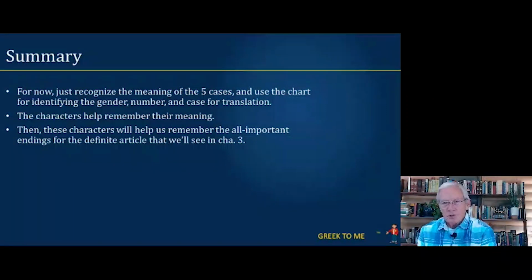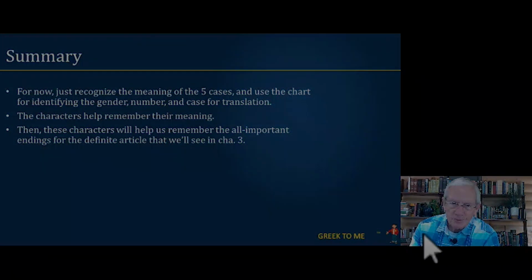And this chart is not only important for the noun system, but there are going to be other parts of speech that are going to use the case system as well. So, the 5 cases and what they mean, and then in Chapter 3, we'll discover the endings for the definite article, which will help us with the noun, which will also help us with the adjective. Thanks so much.